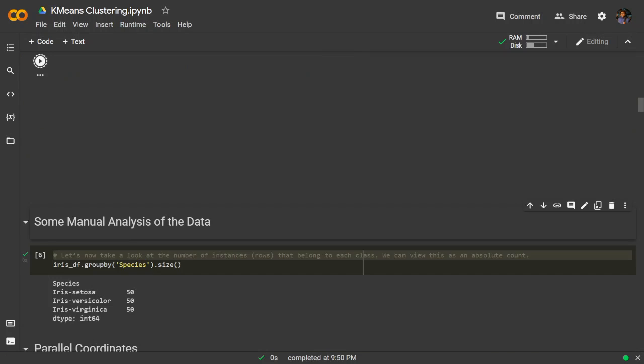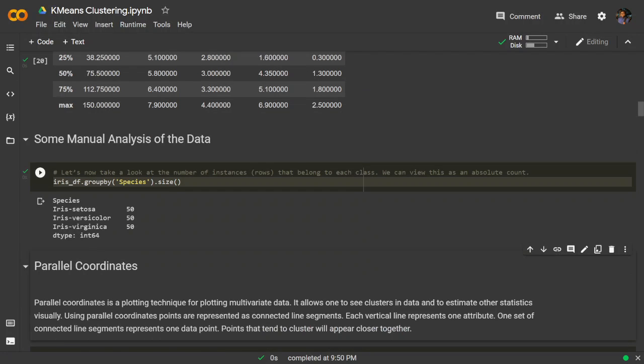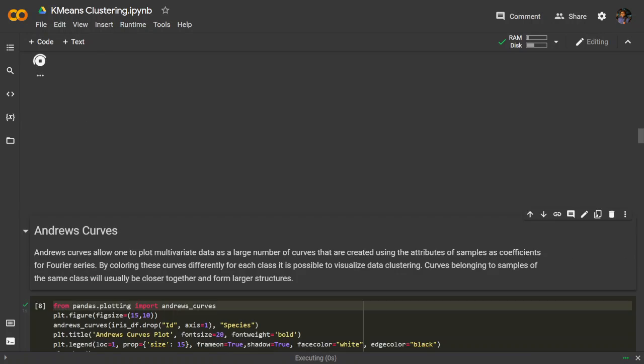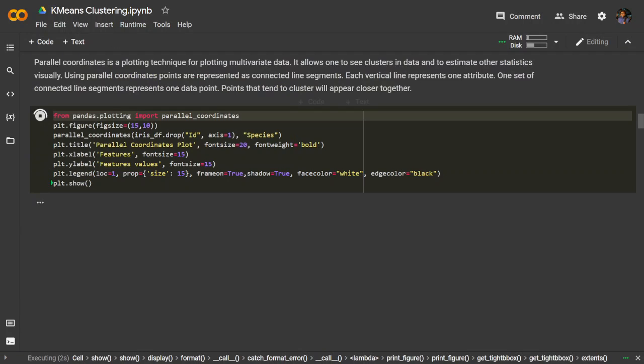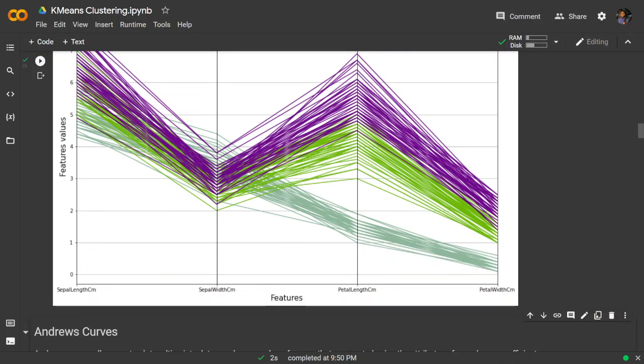So as you can see, I have done some manual analysis of the data to look at the trends of the data in some visual format. A lot of plots have been made, such as parallel coordinate plots, which will show me the spread of the data in the various species, the Iris setosa, Iris versicolor and Iris virginica.